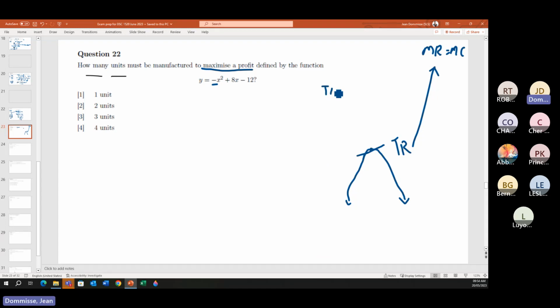So if you work out your turning point, your X and Y, you can get it. And we can work it out with this formula. So we know that the X for the turning point is that formula of minus B over 2A.